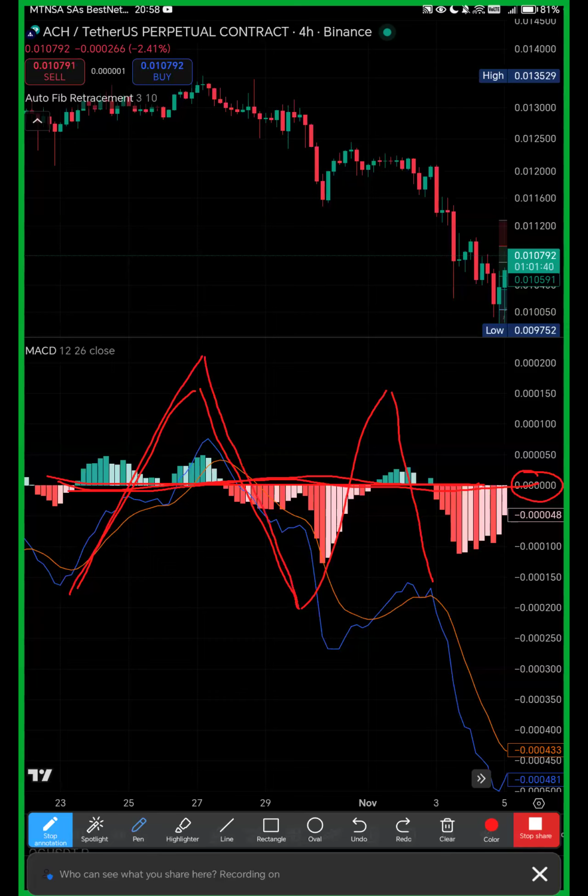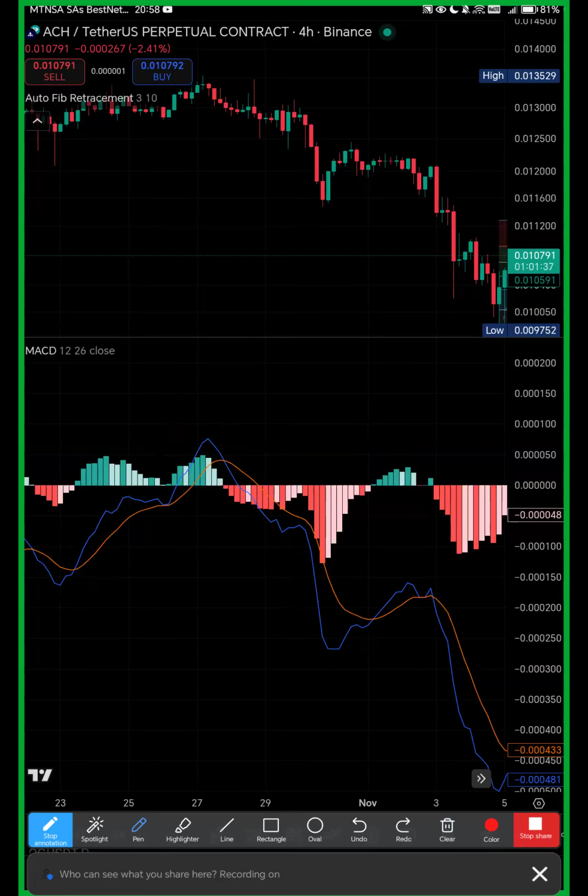Now, when these two lines are moving, at certain situations, you will see that they are going to meet. They will be going in different directions. Okay, they are going to meet, which is called a cross. They are going to cross each other.